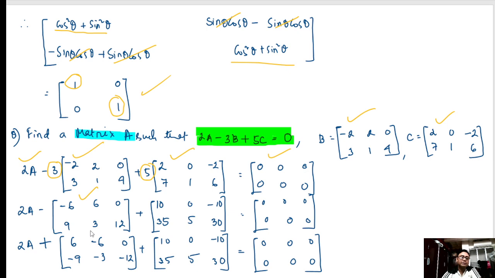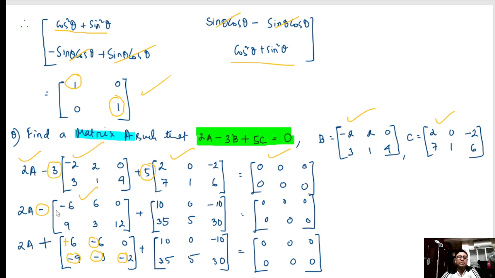What we are doing is, since there is a minus, we are multiplying with minus. This minus we are multiplying, so this becomes plus, minus, minus, minus, minus, minus, and this becomes plus.